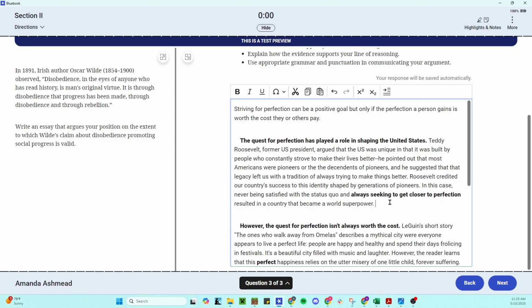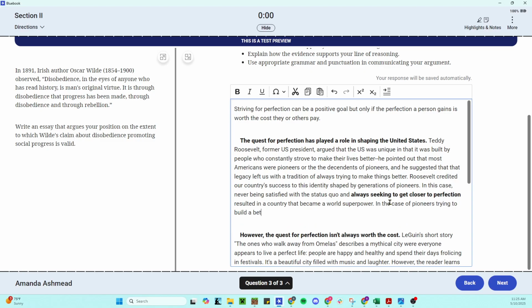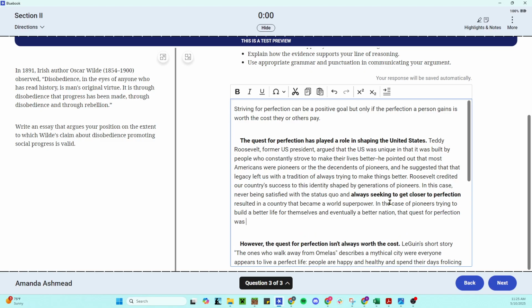I might say something like, in the case of pioneers trying to build a better life for themselves and eventually a better nation, that quest for perfection was positive.